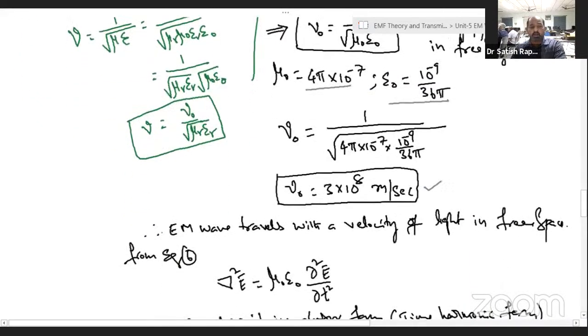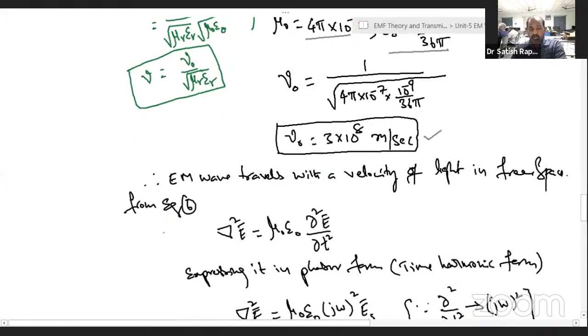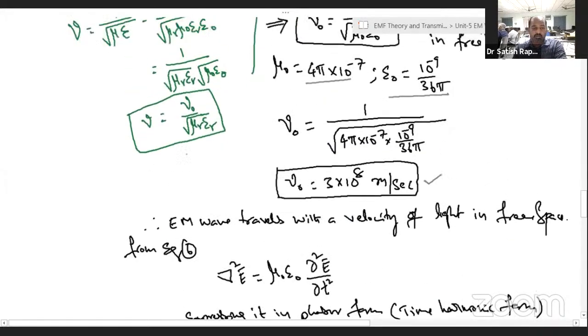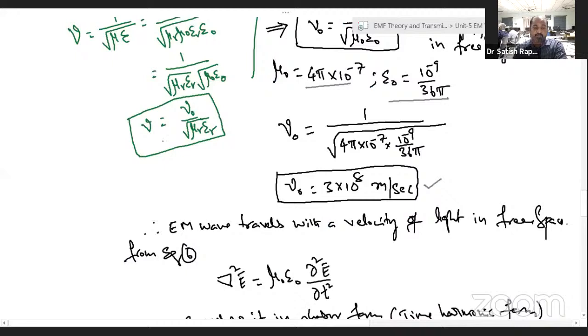And from this what we can say, velocity in a lossless dielectric medium is less. From this we can see that v is less than v naught.